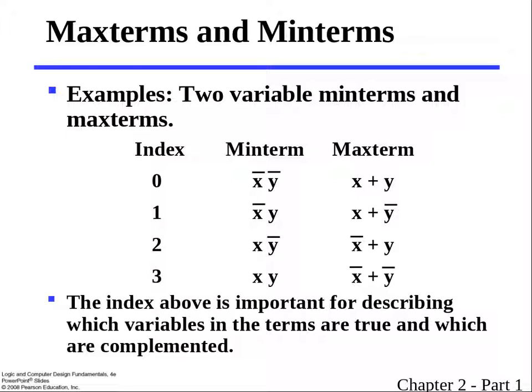If on the other hand you're saying f of x comma y is equal to the minterm of 0 ORing the minterm of 1, then you're saying it's not x and not y, or not x and y. Which, by the way, for those of you observing, you can take the not x out and you'd have not y or y, which just equals not x. But we'll get to all that in a bit.